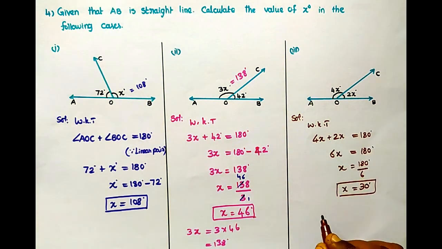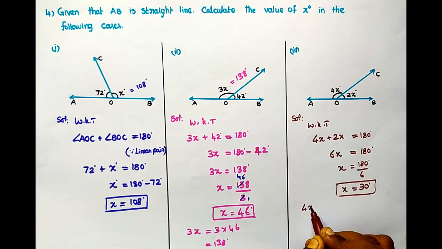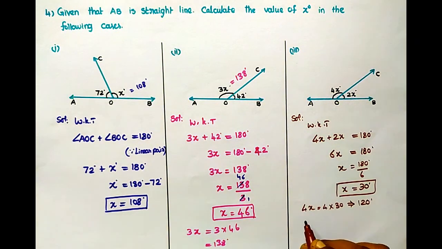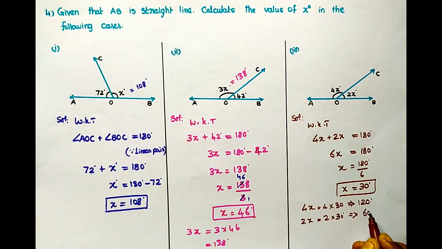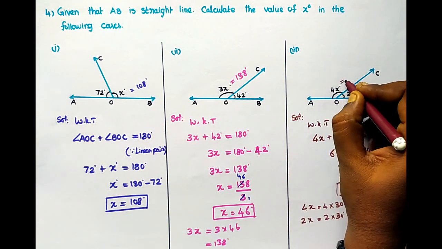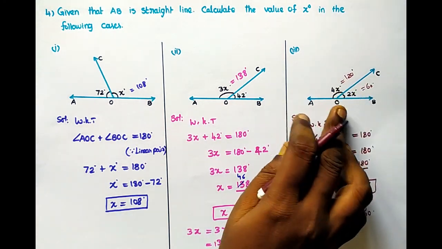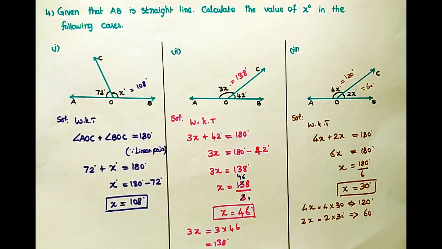The two angles: 4x means 4 into 30, that is 120 degrees. Next, 2x is 2 into 30, that is 60 degrees. Adding 120 and 60 gives 180 degrees. That is the answer.